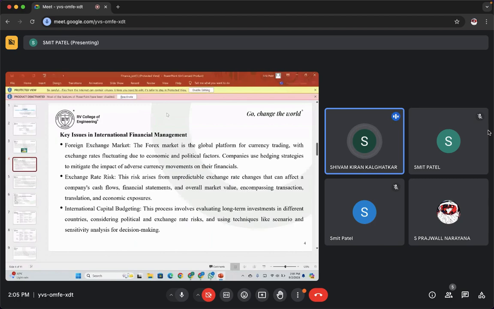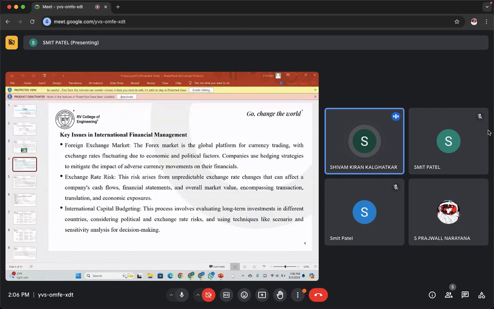Exchange rate risk is the main indicator while trading internationally, as it helps in predicting the country's economy and exploring the potential of the rising dollar market.